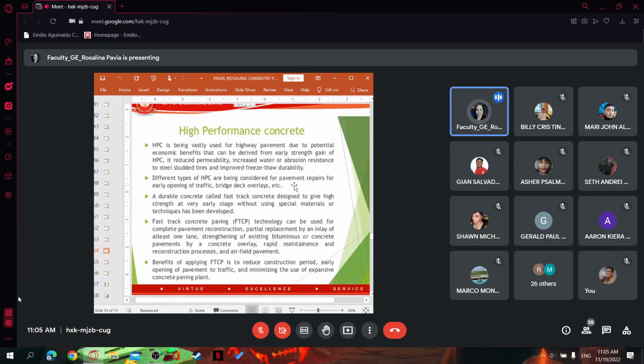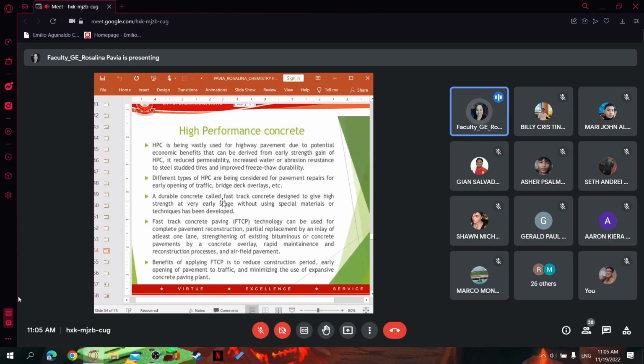Mabilis siyang mag-cure para mabilis gamitin, especially during repairs. It is a durable concrete, which is what you call the fast track concrete.